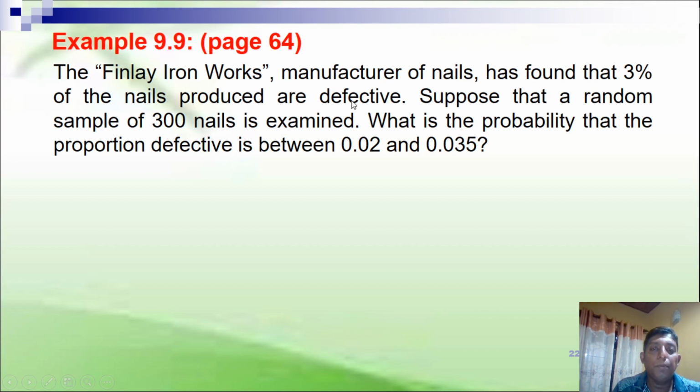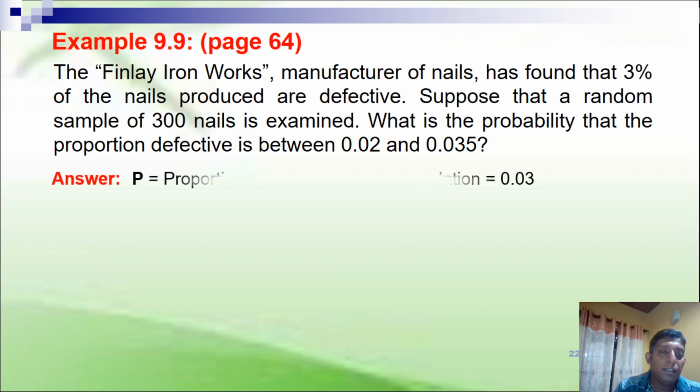Here it is given that the population proportion capital P equals 3%, that means 0.03. Suppose that a random sample of 300 nails is examined. Here the sample size is 300. Then it asks for the probability that the proportion defective of the sample is between 0.02 and 0.035.